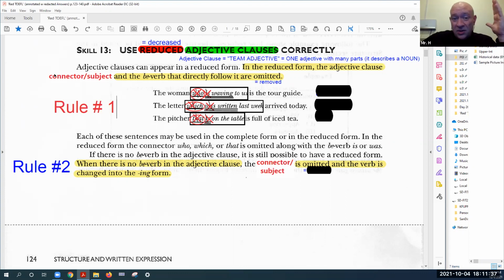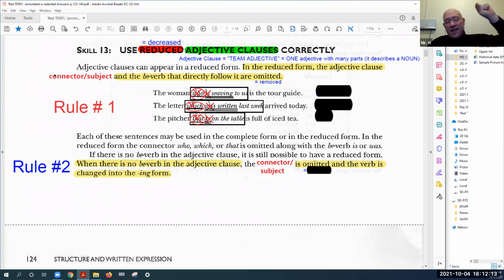Present participle and past participle. Exactly. If you remember, the present participle is sometimes part of the verb, sometimes it's an adjective. It's the same thing for the past participle. If it follows an auxiliary, it's part of the verb. If it doesn't follow, it's probably an adjective, right?